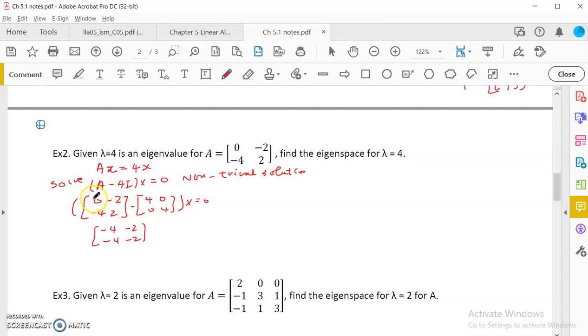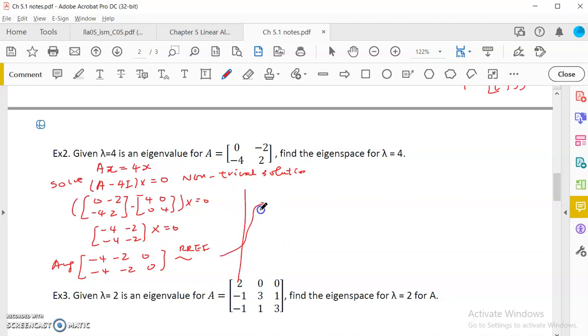Just subtract 4 from the diagonal entries, because 4I is 4 on the diagonal, and that corresponds to Ax equal to 4x, so (A minus 4I)x is equal to 0. So I'm going to do the augmented matrix of negative 4, negative 2, negative 4, negative 2, 0, 0, and RREF.